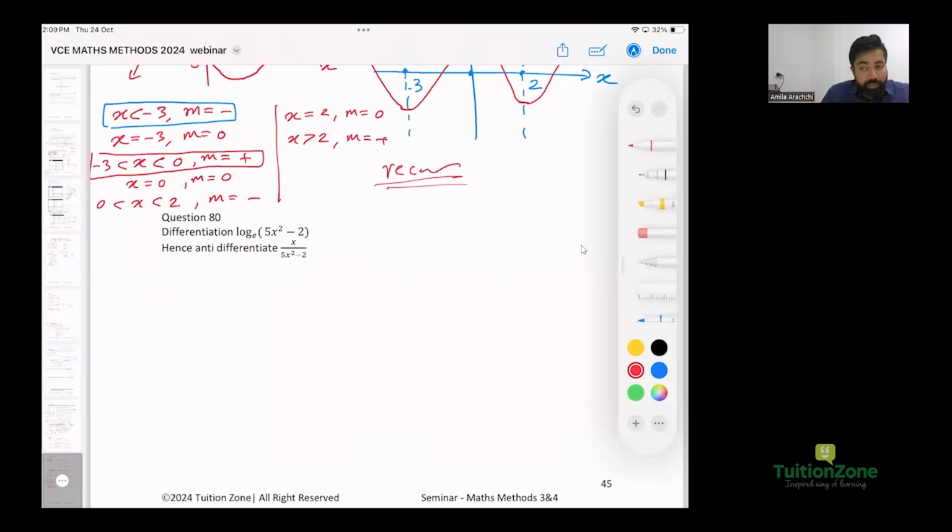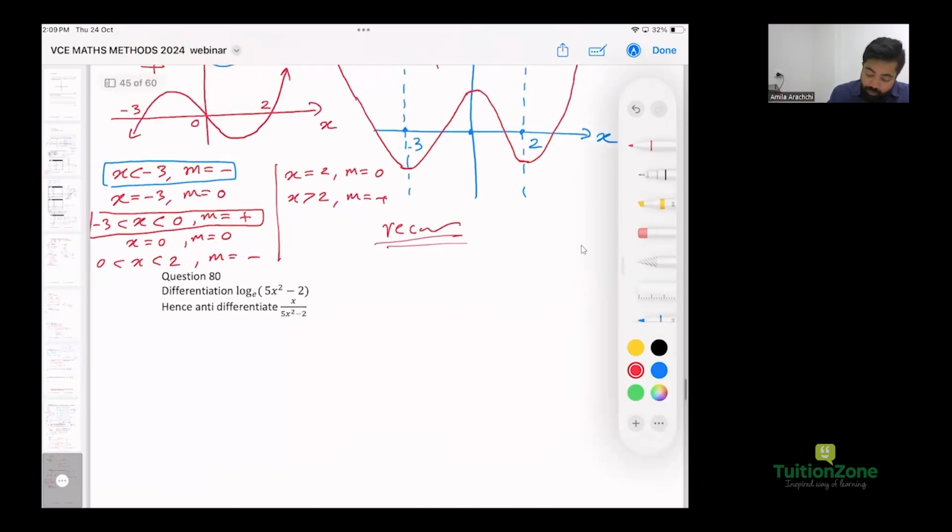Let's try the first section, differentiate it. What's the answer if you differentiate this one? Find the dy dx. Dy dx, which is log becomes 1 over 5x squared minus 2, then times it by the differentiation of the inside, which is 10x.